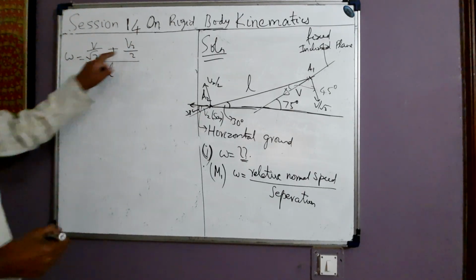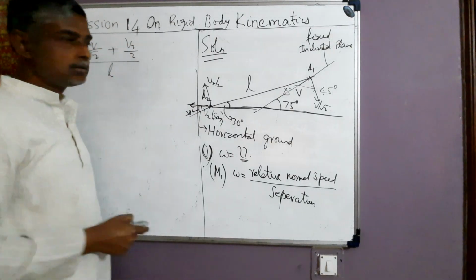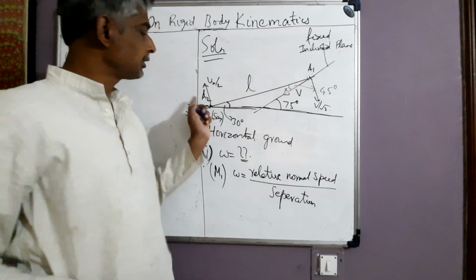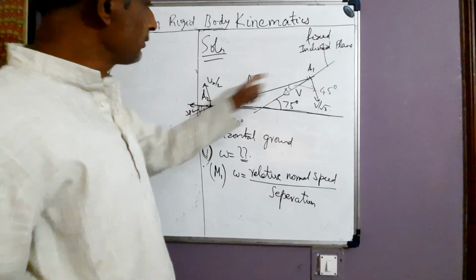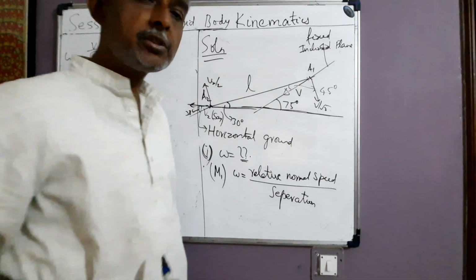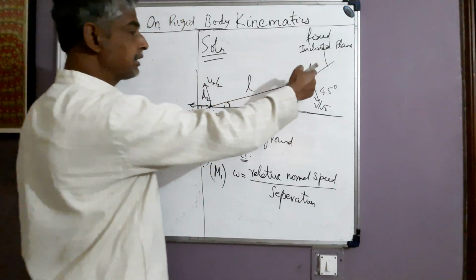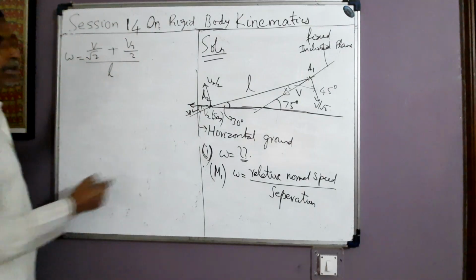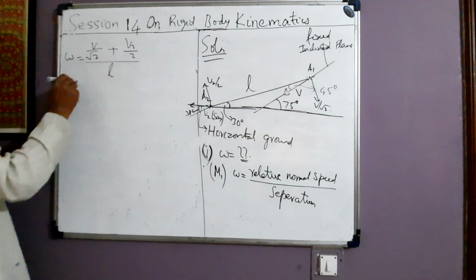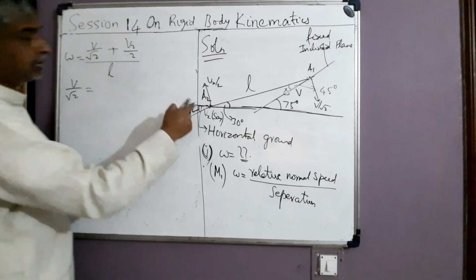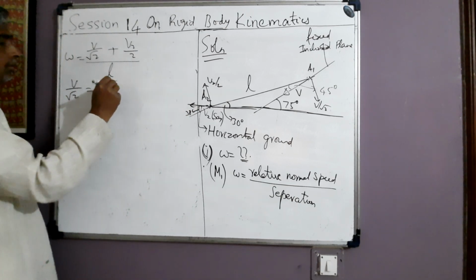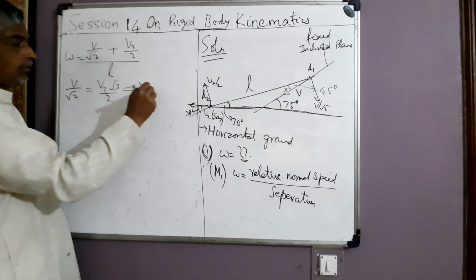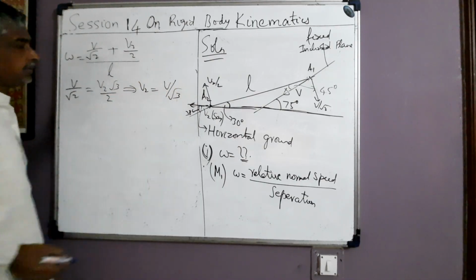Now to know omega, we must know V2 because V and L are both given, but we don't know V2. Now how to find V2? A1, A2 are two material points of the rod. Distance between A1 and A2 is fixed L because the rod is rigid. So component of velocities of A1 and A2 along the line A1, A2, that is along the rod, should be equal. So we'll say V cos 45 degree is equal to V2 cos 30 degree. Cos 30 degree becomes root 3 by 2. So V2 becomes V by root 3 on simplification.